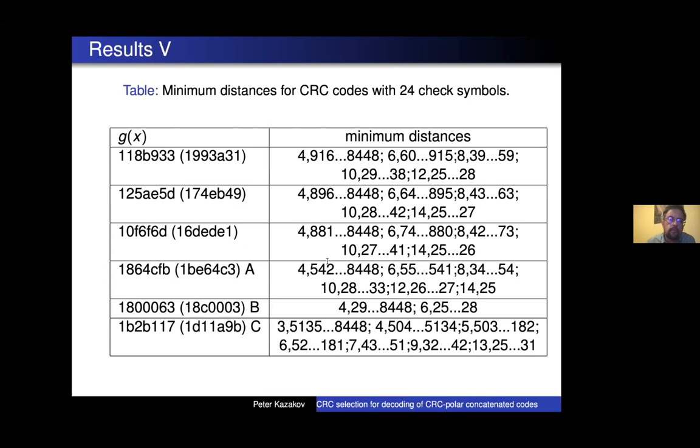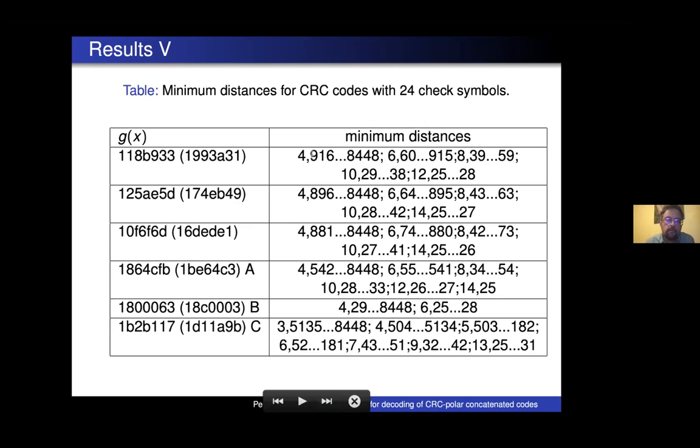So, what were the results? For 24 check bits, we managed to propose several polynomials, and here A, B, and C are the 3 standards of the 5G specification.